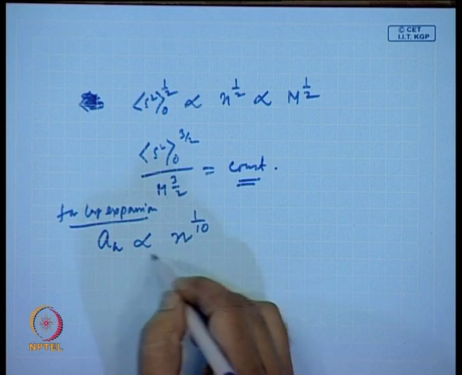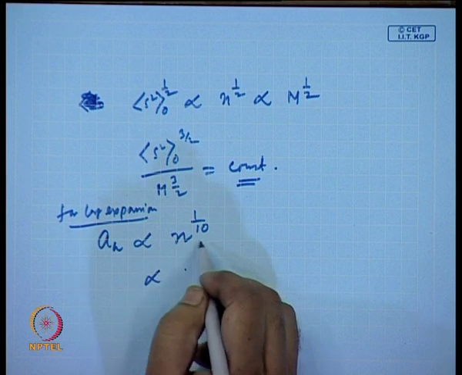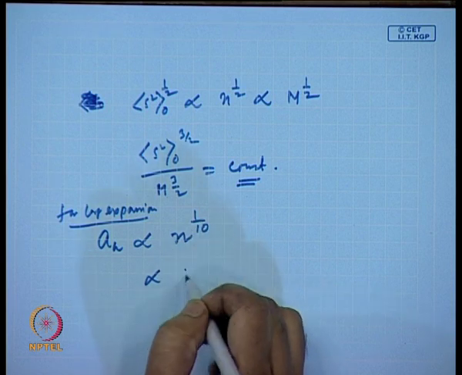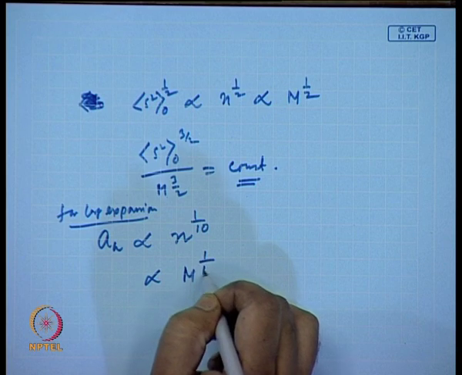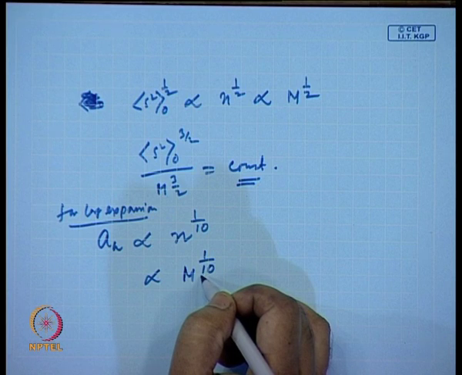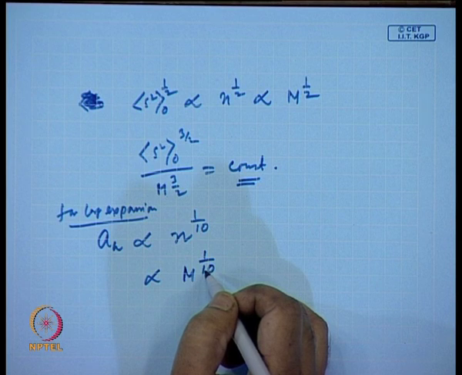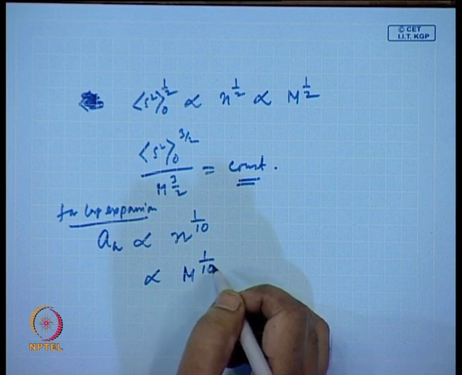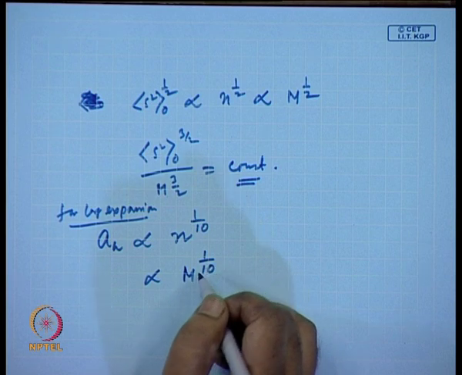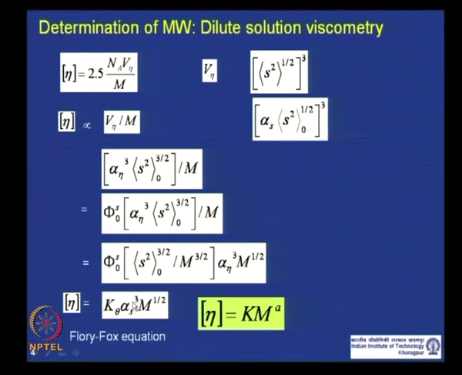Remember, we just discussed this in the last lecture, which means it is not exact, but approximately proportional to M to the power 1/10. So, you can now express this in terms of molecular weight, couple those two, and write K M to the power a.